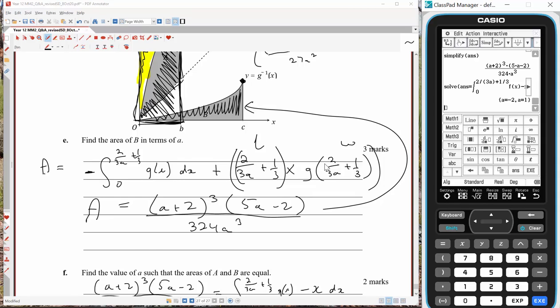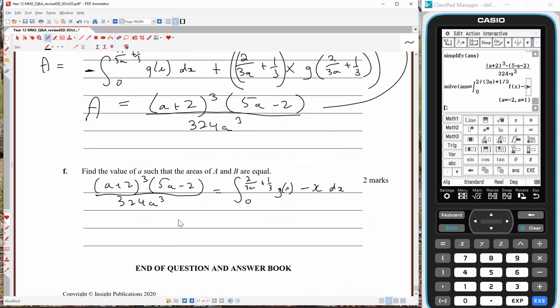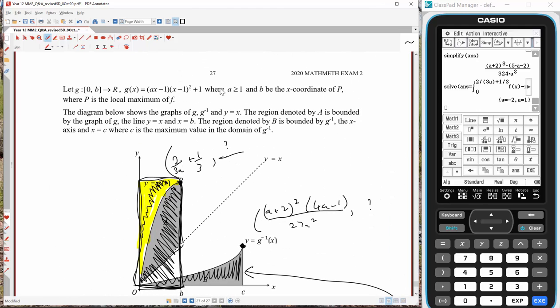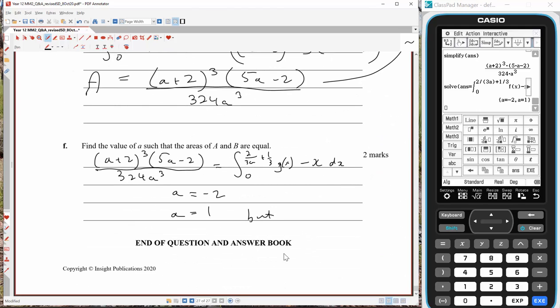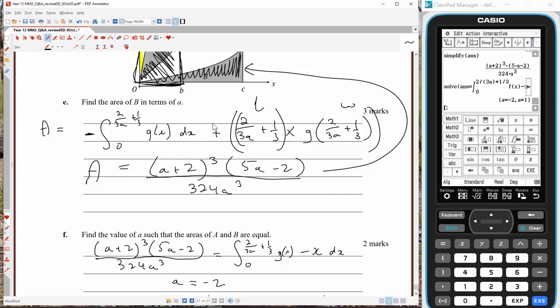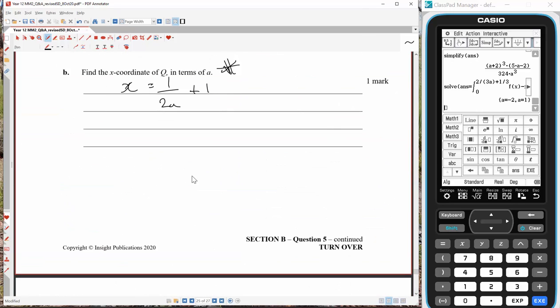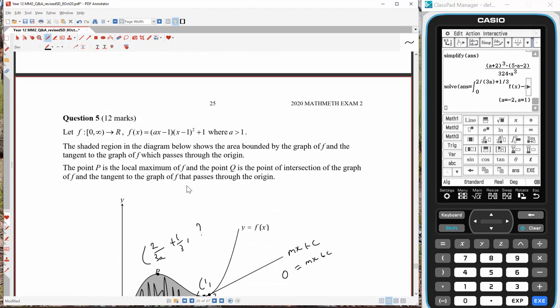A equals -2, a equals 1. But what's a defined as? Greater than or equal to 0? Yep, there it is. A is greater than or equal to 1, therefore a must be 1, because -2 doesn't fall within that domain. Pretty tough finish on the problem, but not too bad to that point. Hope that helps. Good luck with that.